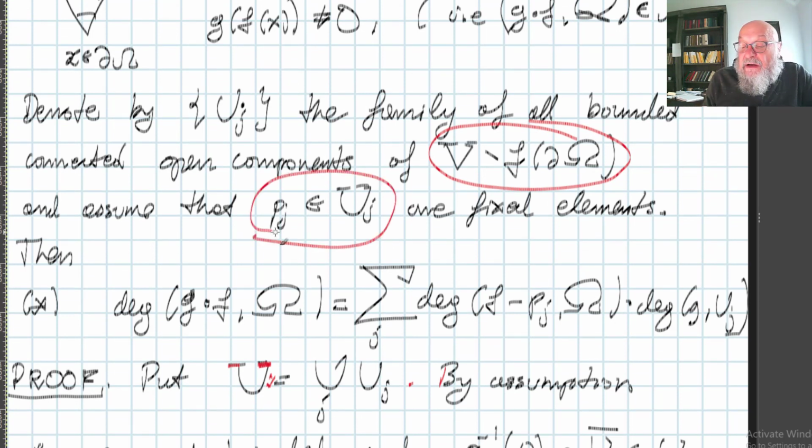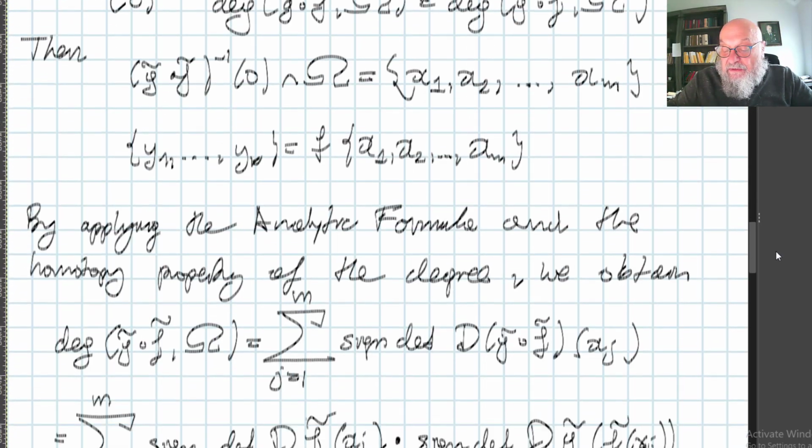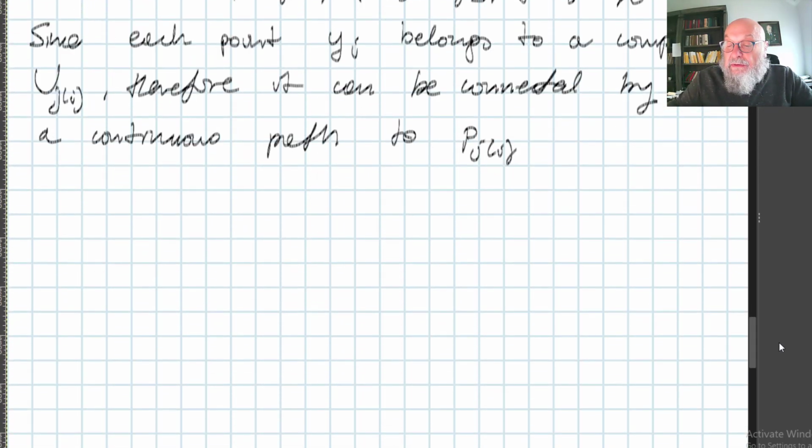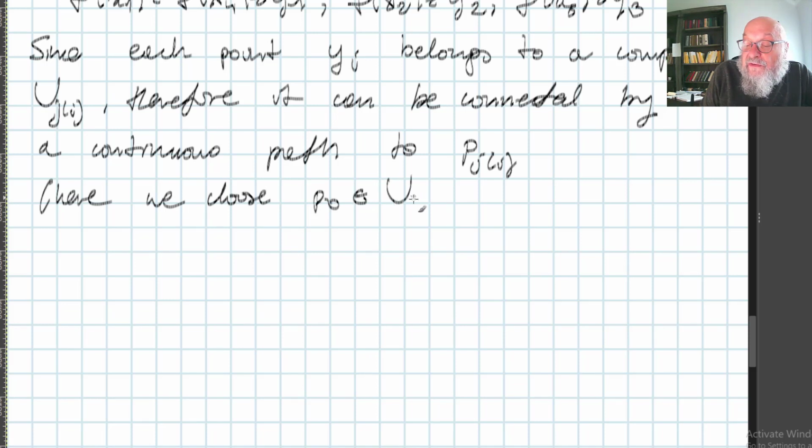We can also add this P0. Here we choose P0 belonging to U0, which is the unbounded component, such that P0 does not belong to f of omega bar.